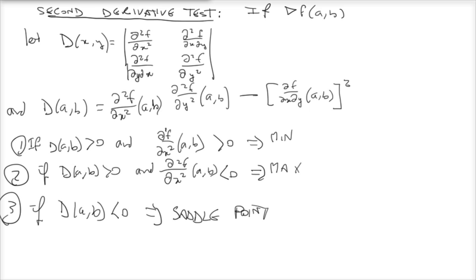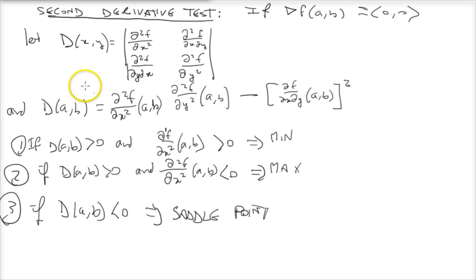So this is our second derivative test. We say if we have the gradient of f at (a, b) equal to (0, 0), meaning that there's a critical point at (a, b), then we let a function D(x, y) equal the determinant of this 2 by 2 matrix. We call this matrix that we're taking the determinant of the Hessian.